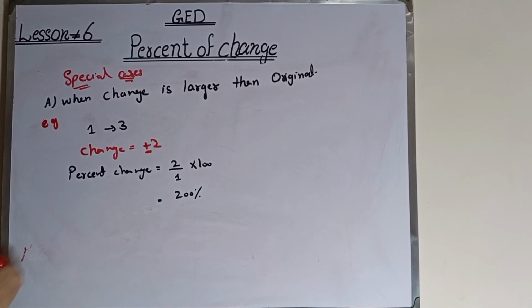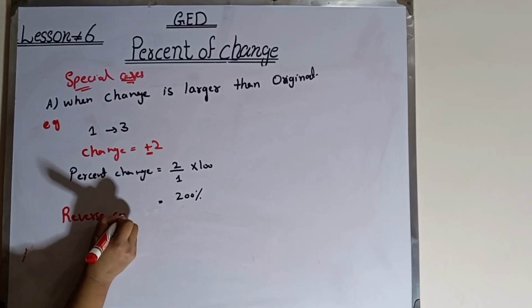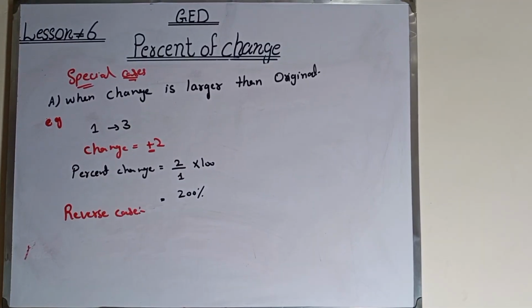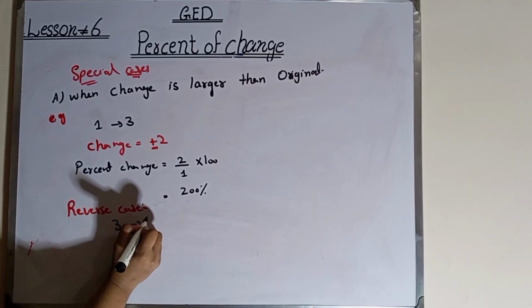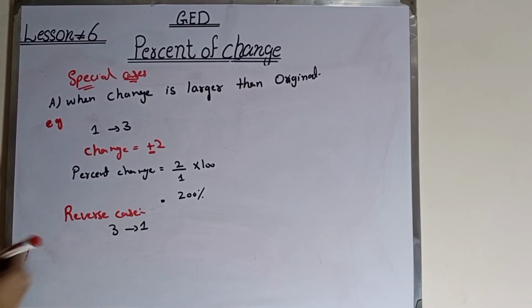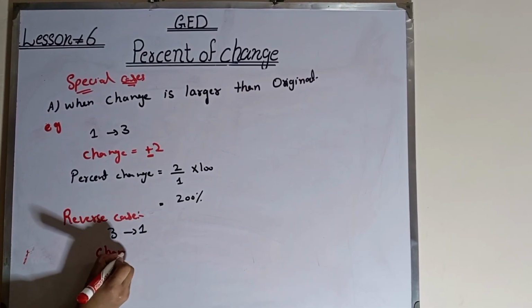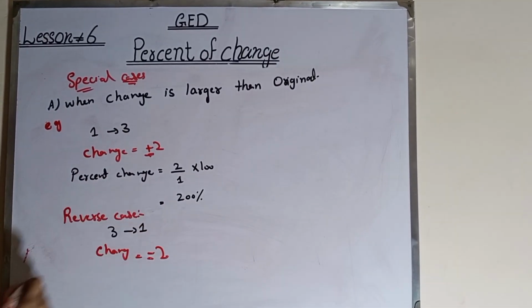So if we take the reverse case, 3 decreases to 1, then what will be the change? Instead of positive 2, it will be negative 2. Negative shows it's a decrease.